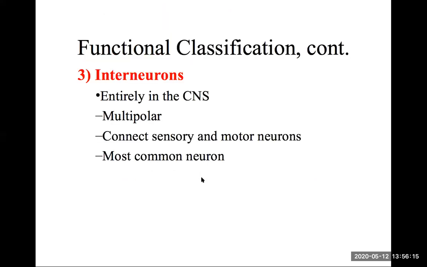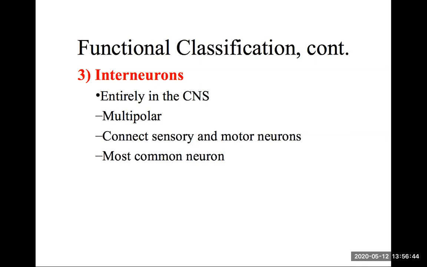Before we do another visual, I haven't really talked about the connection between sensory and motor neurons. I keep saying sensory goes in, motor goes out, but what about in the central nervous system itself? The neurons that connect the sensory and the motor portions are referred to as interneurons. All the interneurons are in the central nervous system.